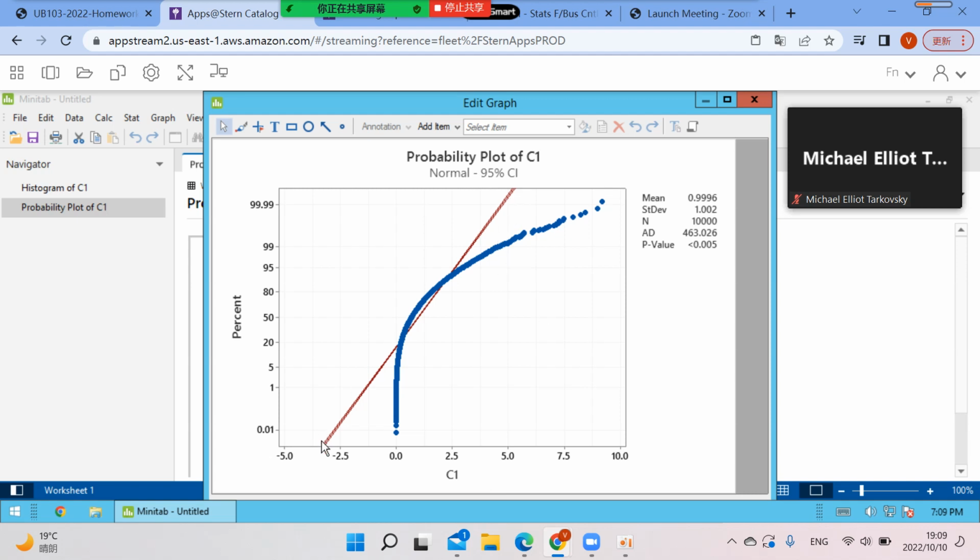So here the red line is what a standard normal distribution looks like, with mean 0. So first focus on the red line. The mean is 0, and here I have negative 2.5 on the x-axis. That is 2.5 standard deviations lower than the mean.